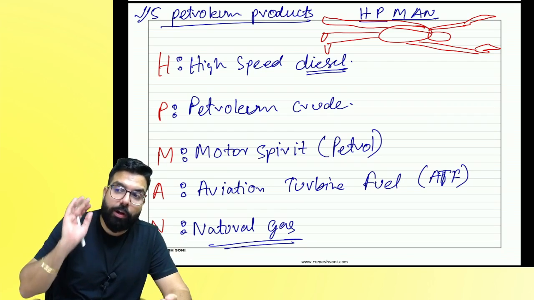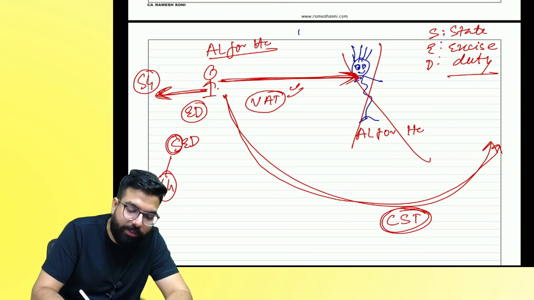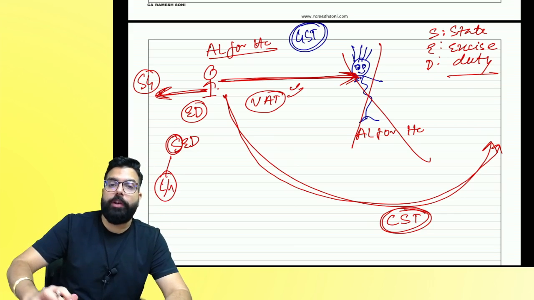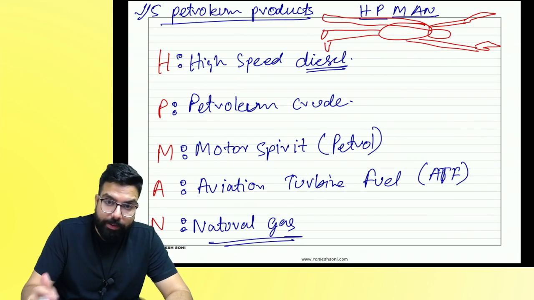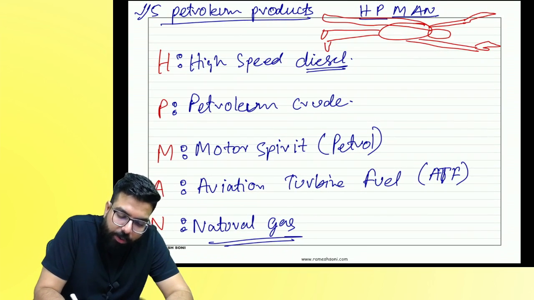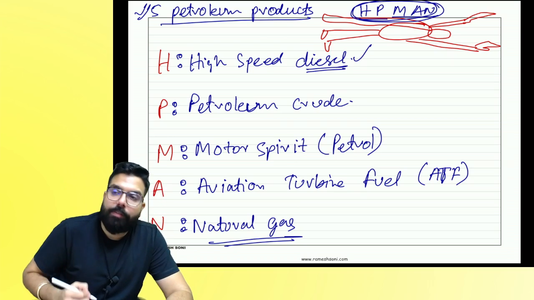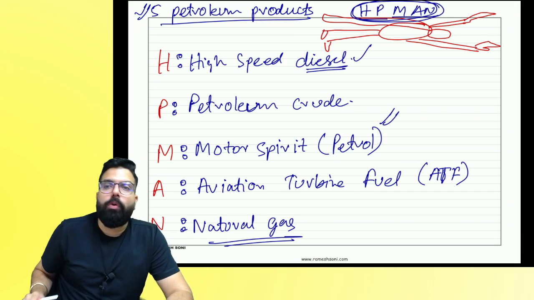So as of now, there are only two things on which GST is not there. One is alcoholic liquor for human, which the government can't tax. And second is petroleum, on which the government as of now is not charging anything.